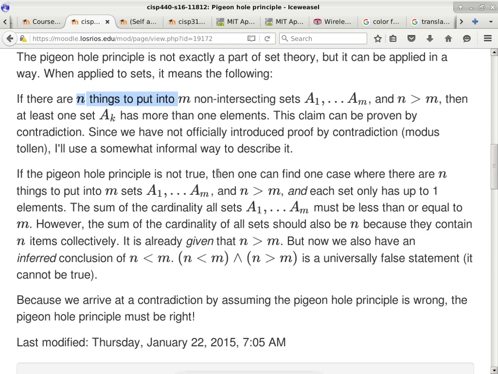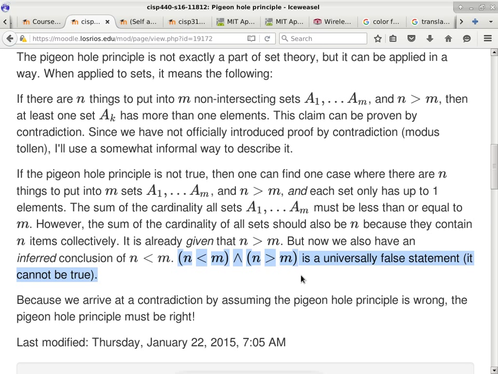So in this case, we assume that the pigeonhole principle is not true. But that ends up with a situation like this: an expression of n is less than m and n is greater than m at the same time. Both of these are supposed to be integers.